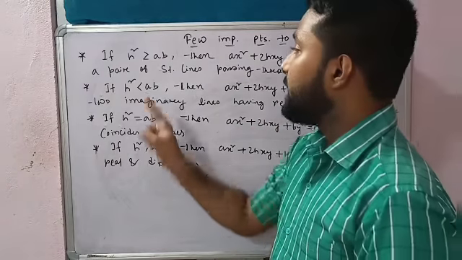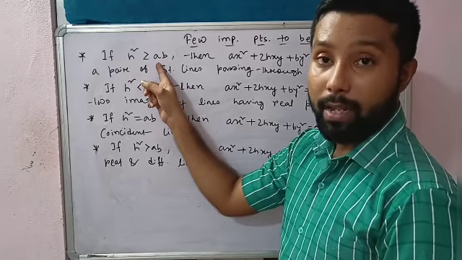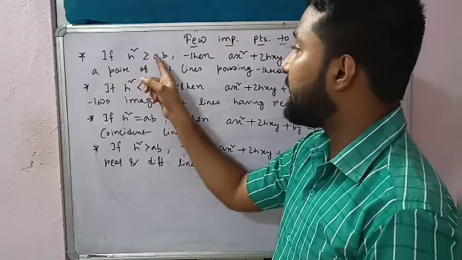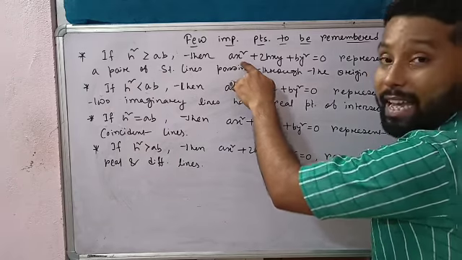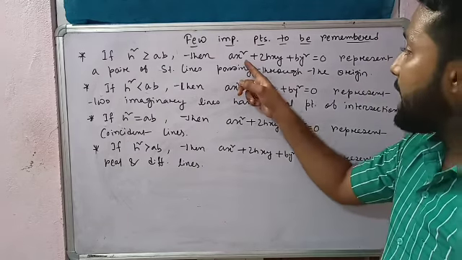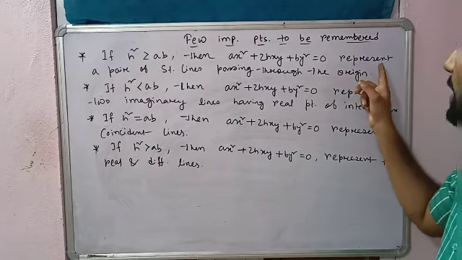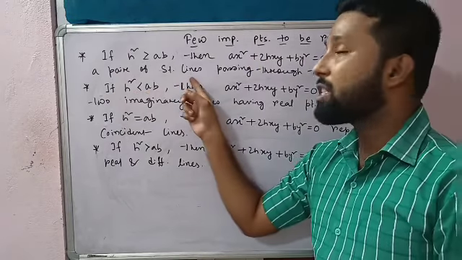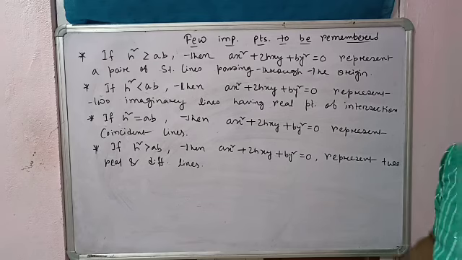So the first one is if h square is greater than or equal to ab, then the equation, already I have discussed the definition, ax square plus 2hxy plus by square equal to 0 represents a pair of straight lines passing through the origin.